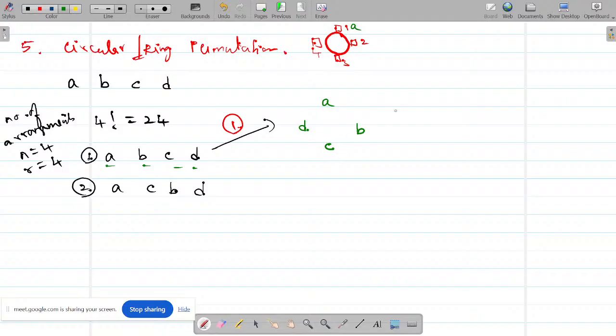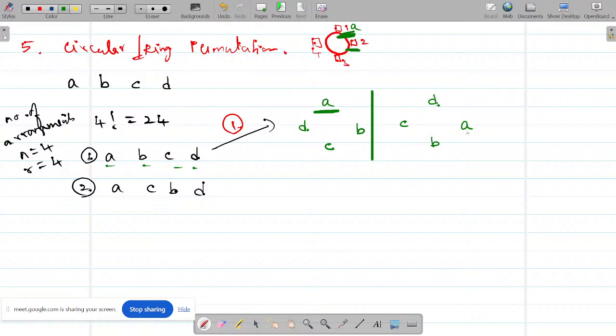So this is one way. What I'm doing here is this: I named position one, and I'm making A sit in position one. Shall I make A sit in position two? Just make a try. So I'm going to make A sit in position two. A sits here, B sits here, C sits here, D sits here.